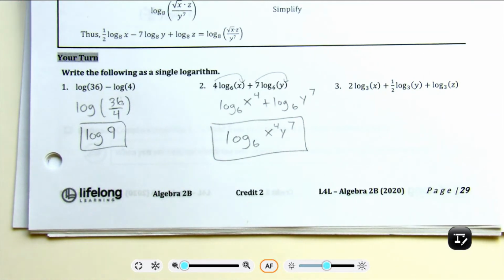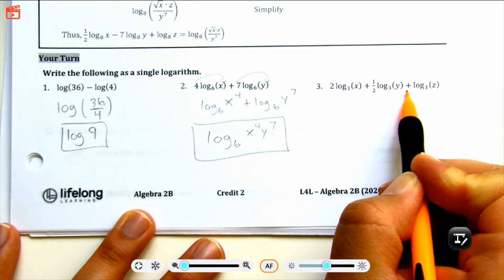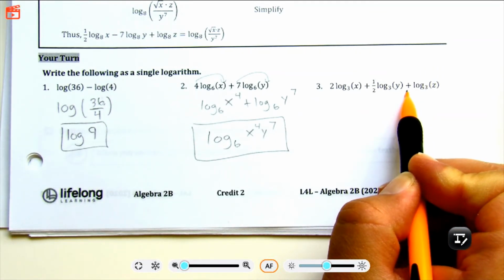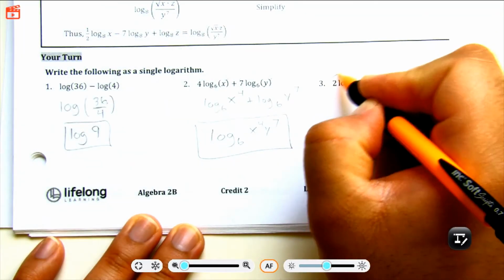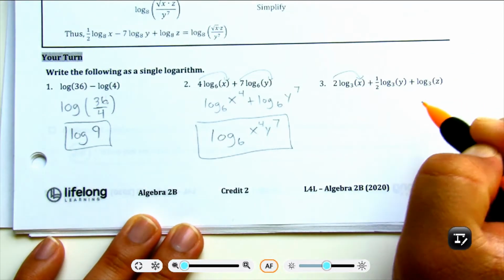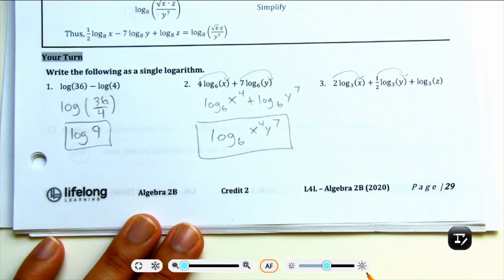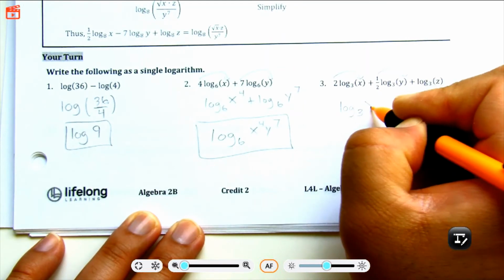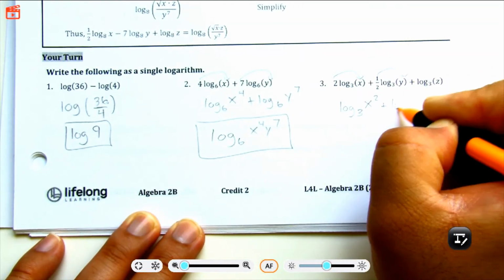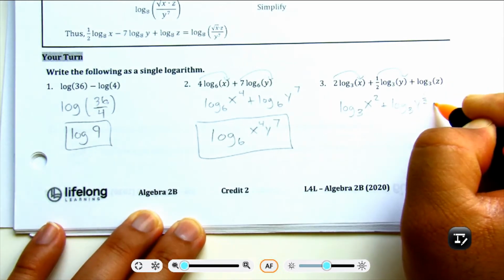Then for number 3, we're going to do the same thing. So we have addition. That means that this is going to be the product property. And then we have coefficients. So let's start with the coefficients. Give the variable the coefficient as an exponent. So this becomes log 3 x squared plus log 3 y to the 1/2 plus log 3 z.